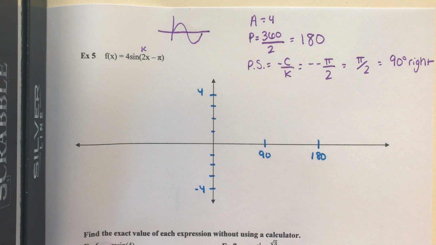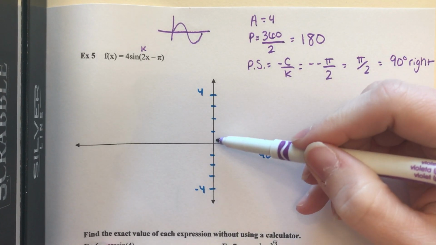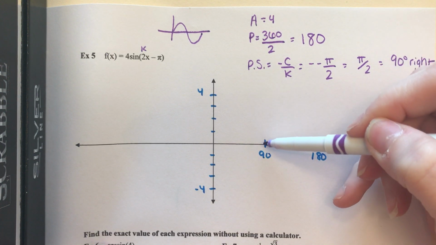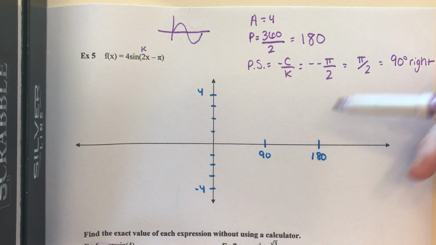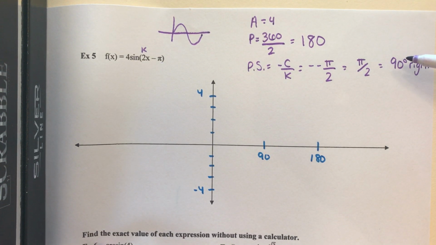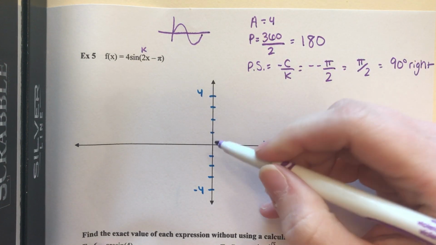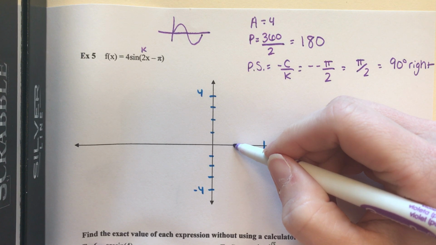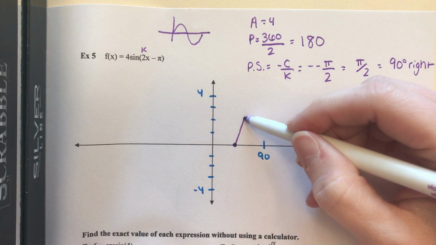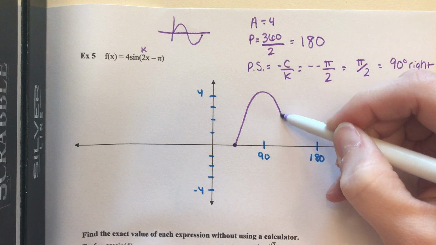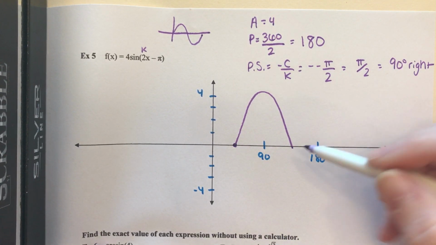So if I didn't have a phase shift, I would just go ahead, go up to 4, back down to 90, do the other part of the graph, and end up at 180. The problem is I have a shift of 90 to the right. So instead of starting at 0, I'm going to start my graph at 45. I'm going to go up. Halfway would be between 90 and 180.